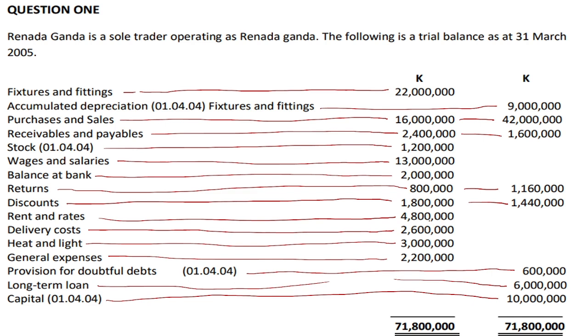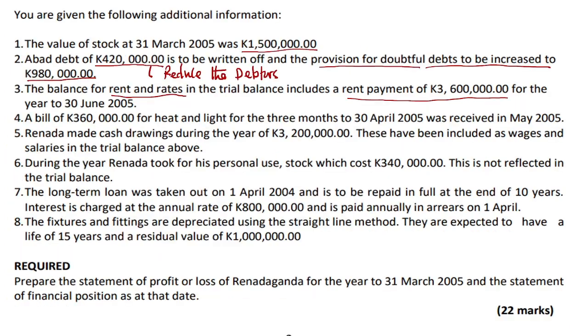Now, they're telling us that in this 4.8 million, we included the payment for rent of this much. And that rent was going up to what? Up to June 2005.